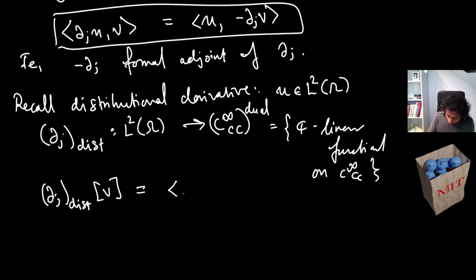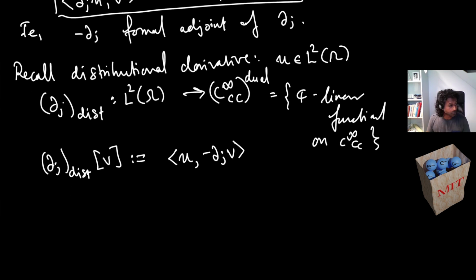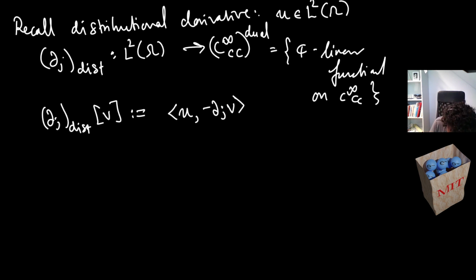The only way I can really do that is if I define it as follows. So this is going to take some function v and produce a real number. This is now a functional on compactly supported smooth functions. Connected with that, we also have the notion of a weak derivative.